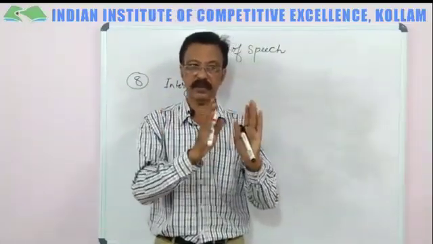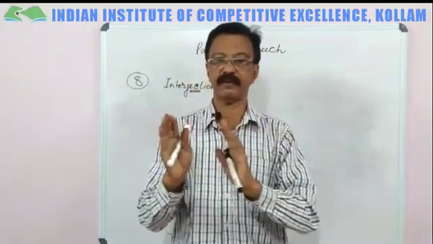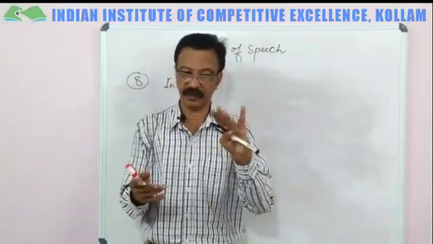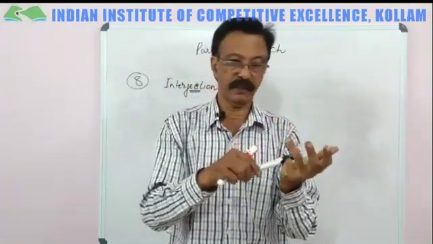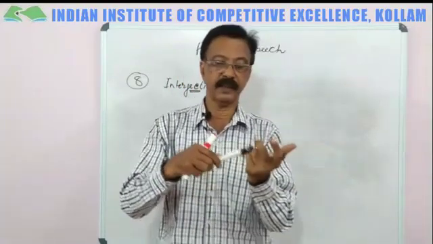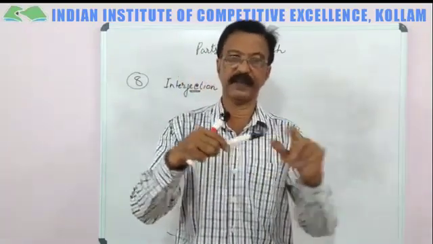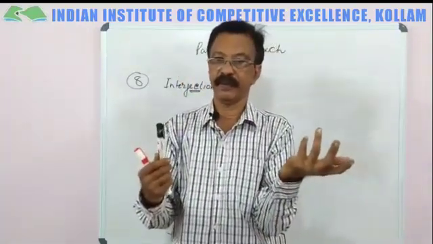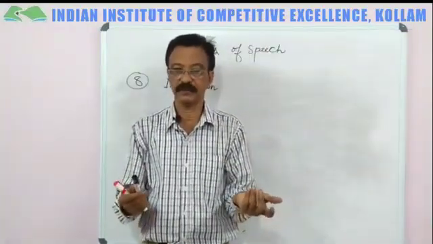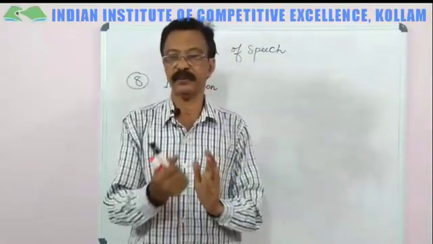Okay, noun means name of person, place, thing, idea. Pronoun, a word that stands in the place of noun. And verb, 3 types: the word shows an action, a state and a possession. Next is adjective, it's a modifier, it's a qualifier, it qualifies a noun. Adverb adds strength to the word.